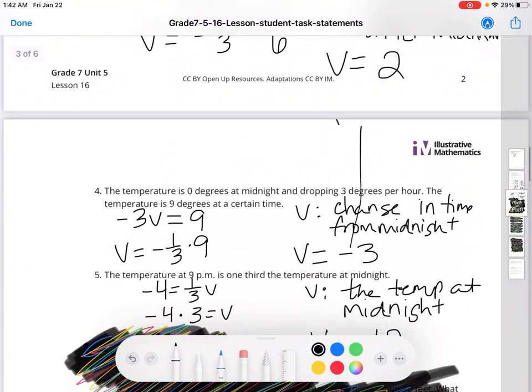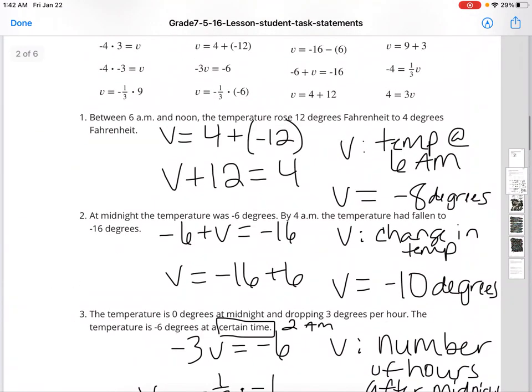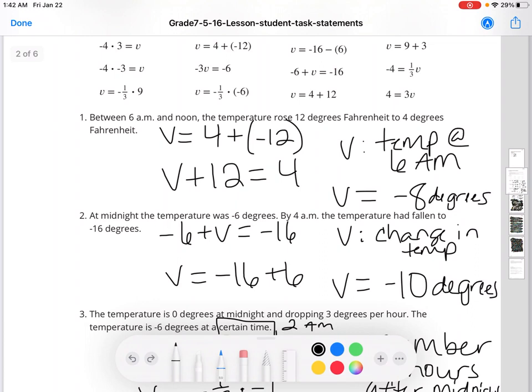So if we go back and look at number 1 and 2, what property would we use to solve these equations? So what property does number 1 and number 2 use? So it uses the additive inverse.